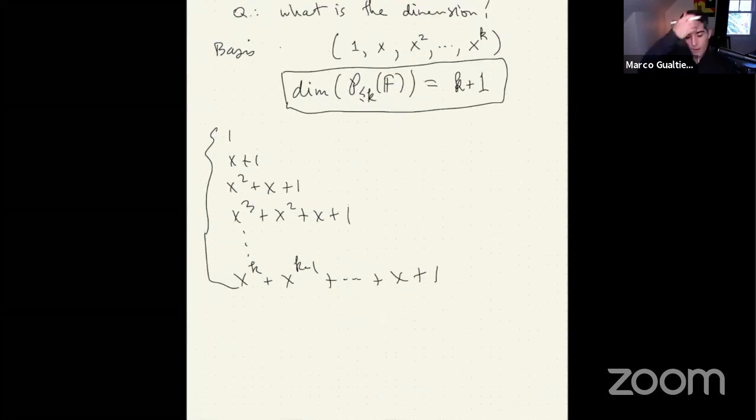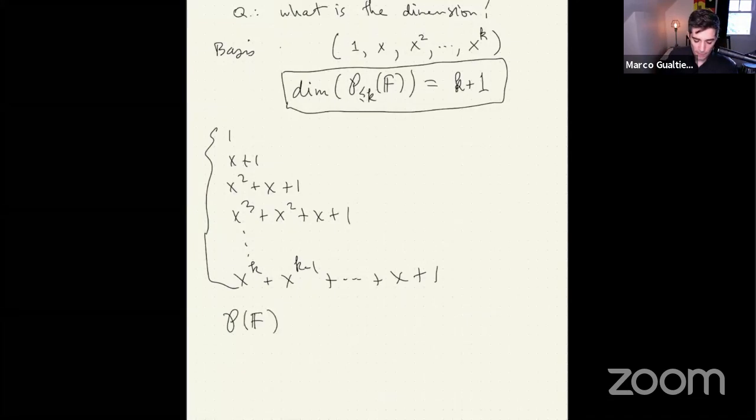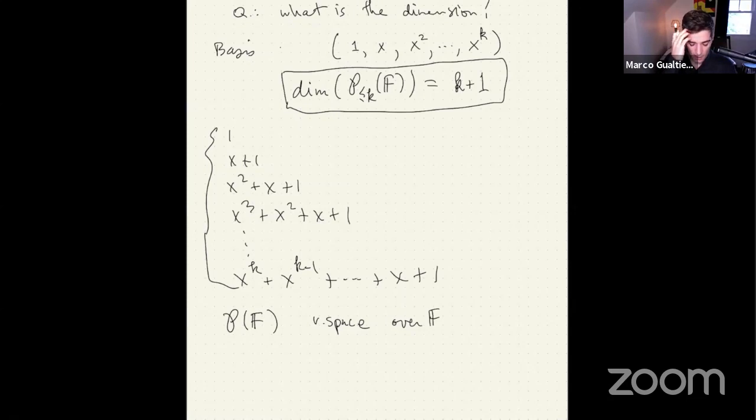Okay, so if we're dealing with polynomials with coefficients over a field, this is a vector space over F. When you ask the question, is this vector space finite dimensional or infinite dimensional, what does that question mean?